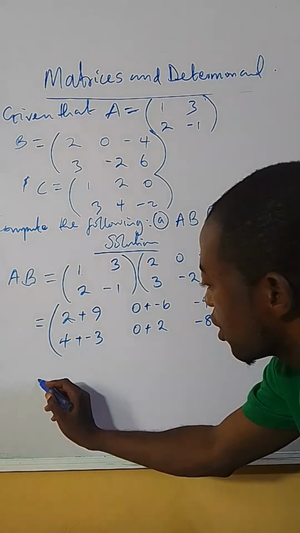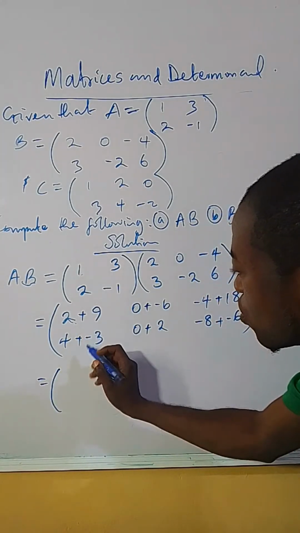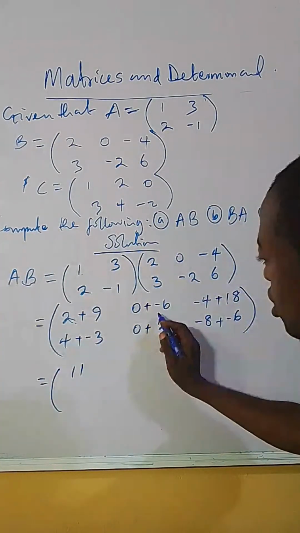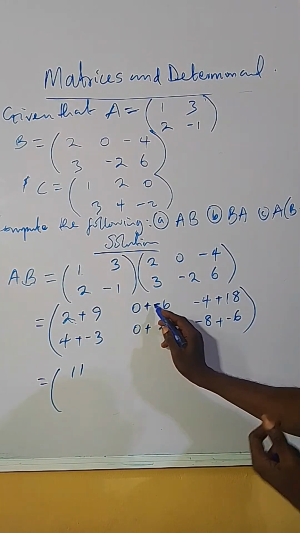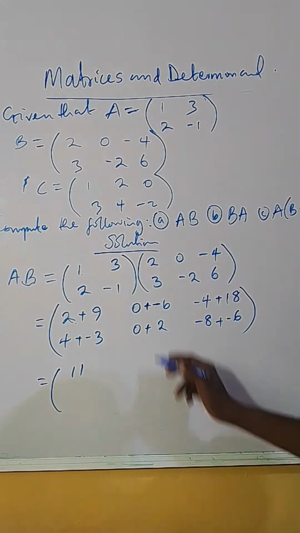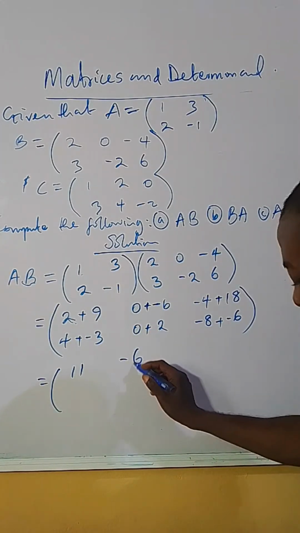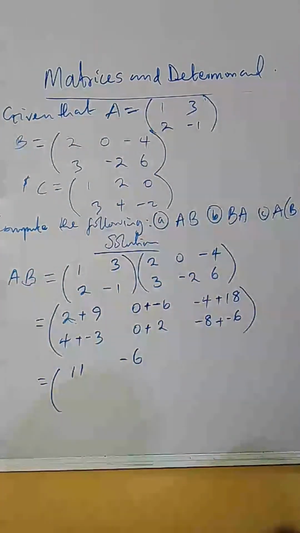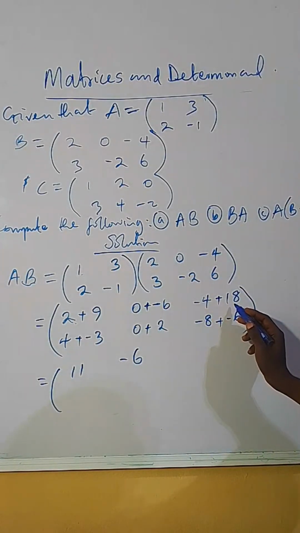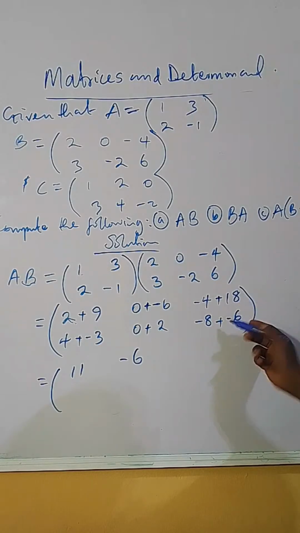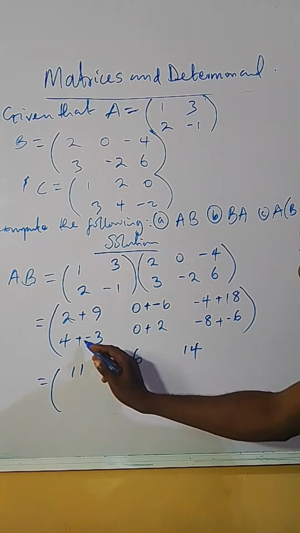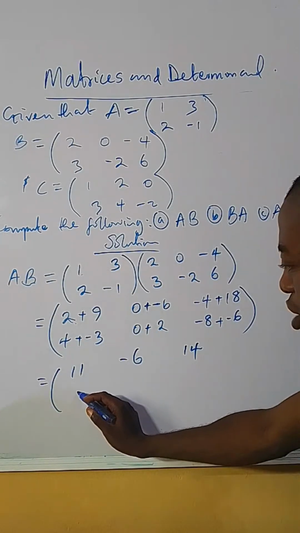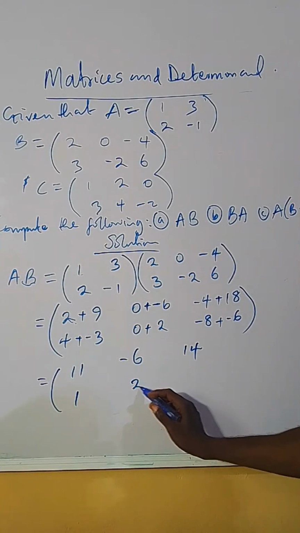Now when we write the final answer, this becomes 2 plus 9, that's 11. Then 0 plus minus 6: anytime we have plus minus, different signs, it becomes minus. So 0 minus 6 is minus 6. Then minus 4 plus 18, same as 18 minus 4, that's 14. Then 4 minus 3, that's 1. 0 plus 2 is 2.